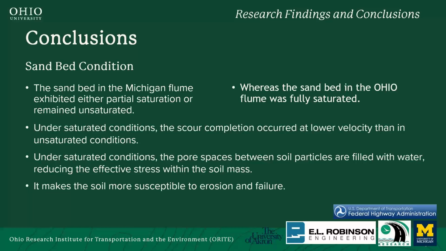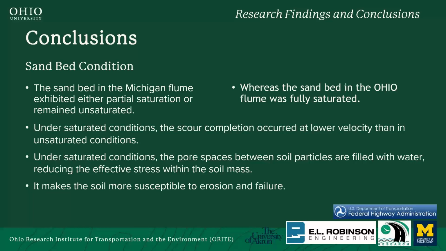was fully saturated, and because the Michigan flume, they have to use a filter to filter out the water, right? So the sand will not get into the system. So they can see the sand bed materials. So in Michigan, the sand bed materials are partially saturated or remain unsaturated.